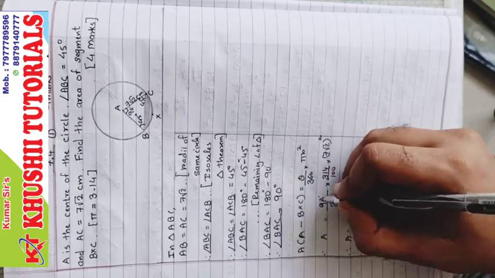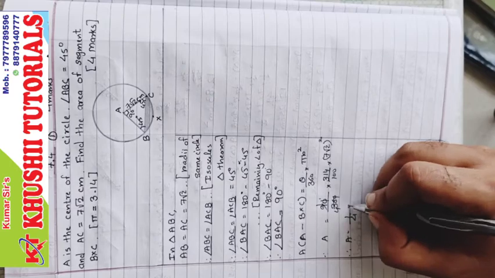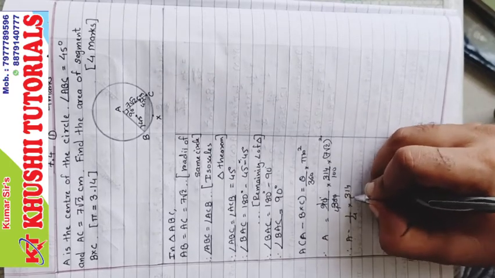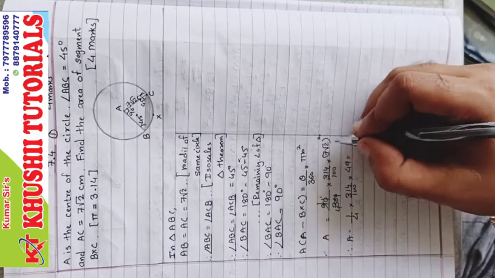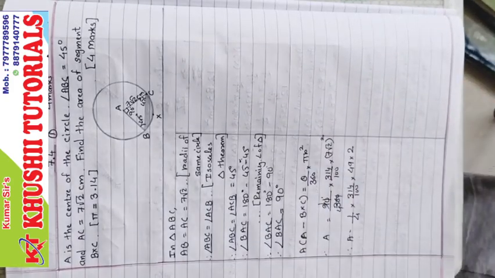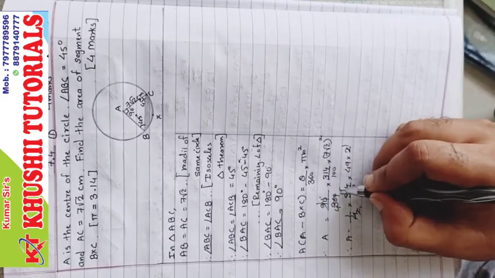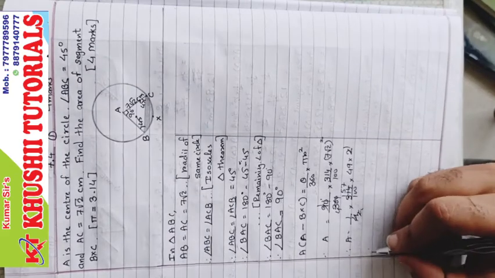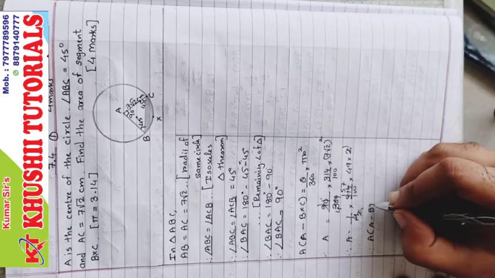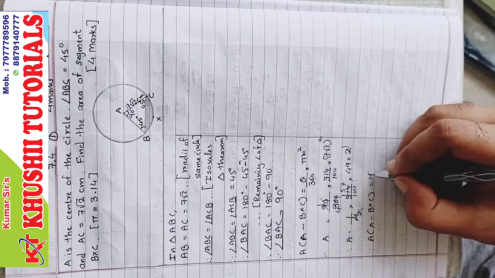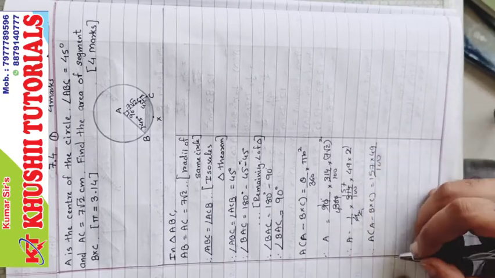The 0 0 got cancelled. 9 ones are 9, 9 fours are 36, so 1 upon 4 into 314 upon 100 into 7 square, 49, into root 2 square, which is 2. Root 2 square is 2. Now 2 ones are 2, 2 twos are 4, 157s are... So area of A dash BXC equals 157 into 49 upon 100.